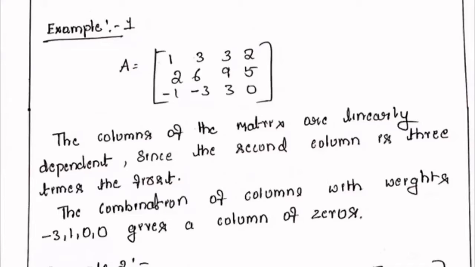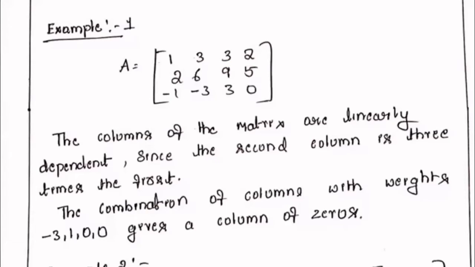One more condition we discussed earlier is that c1 should be 0, c2 should be 0, all the values should be 0. But if you consider this one, you take -3 times the first column, which gives -3 -6 +3. Take 1 times the second column, 3 6 -3, and it becomes 0. The other two we are taking 0 times.